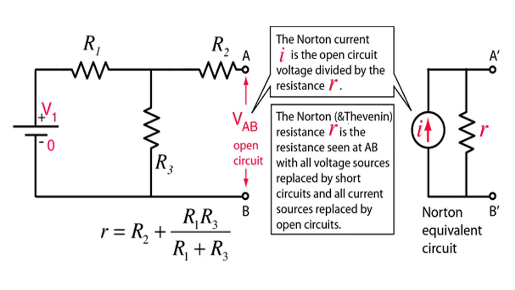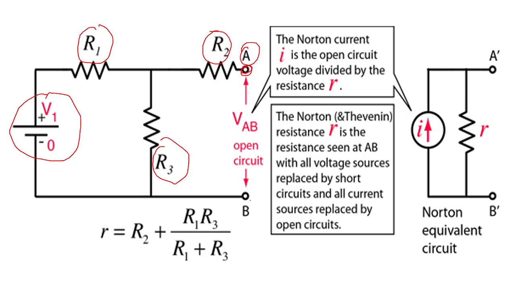Now what does this mean? Say this is your circuit where you have resistances R1, R2 and R3. Here is your R1, here is your R2 and here is your R3, and this is the voltage source. Whatever voltage you get across terminals A and B will be called VAB.